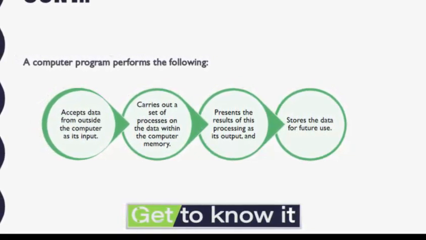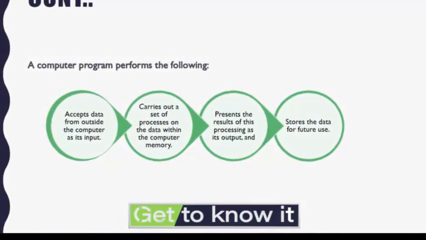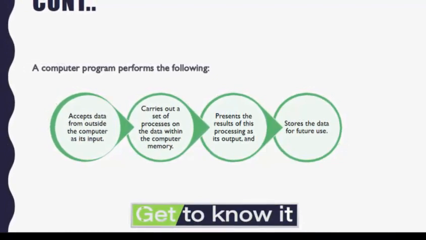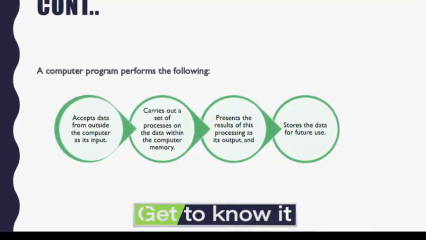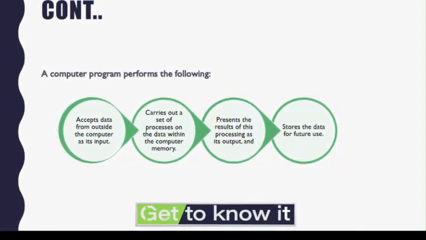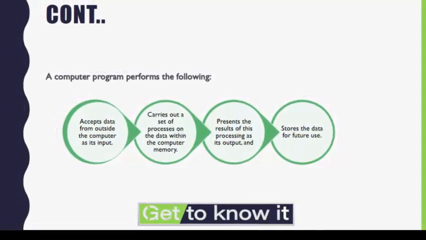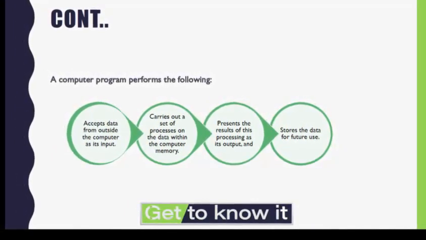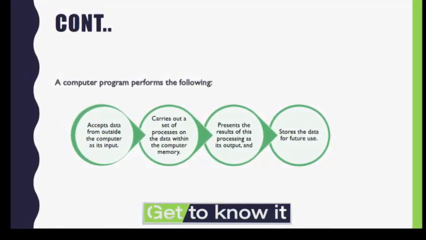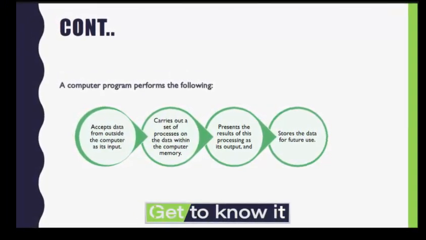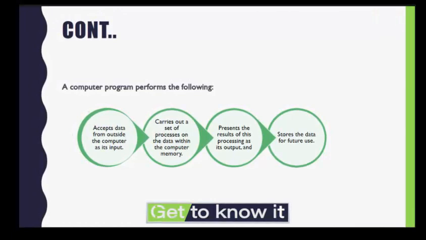The processor will then present this processed data into output devices like monitors and printers, and the same information or copies of the same information will also be stored in the computer for future use. So this is what a computer will be doing with the help of a computer program. All of this is through the instructions written within the program.